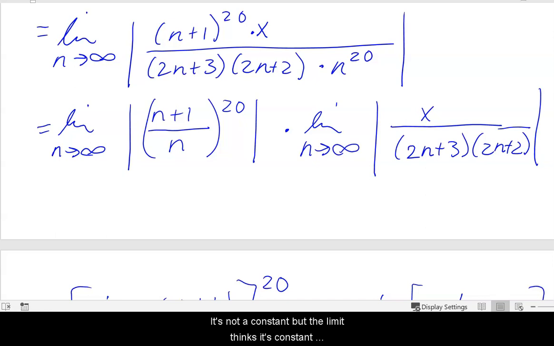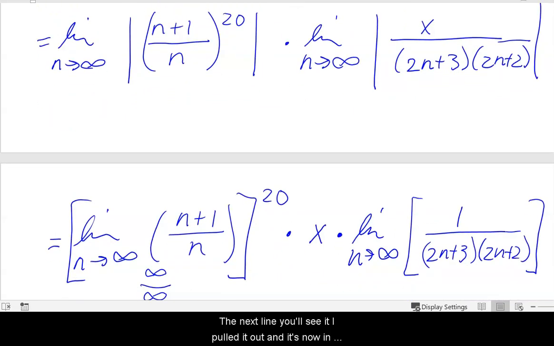It's not a constant, but the limit thinks it's a constant, because the limit only cares about n. That means I can factor the x out of the limit. It can pass beyond the limit. In the next line, you'll see that I've pulled it out and it's now in between the two limits. It is still a factor, still being multiplied by the other things.